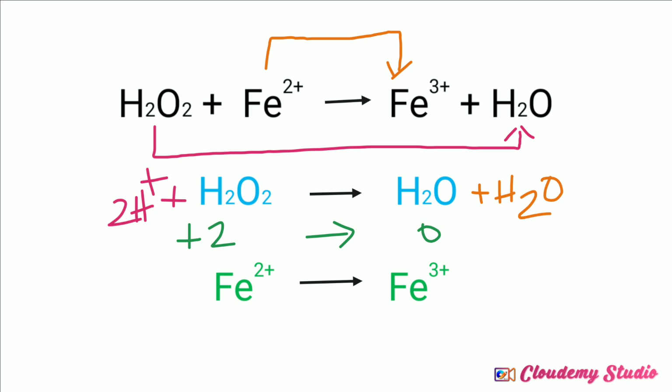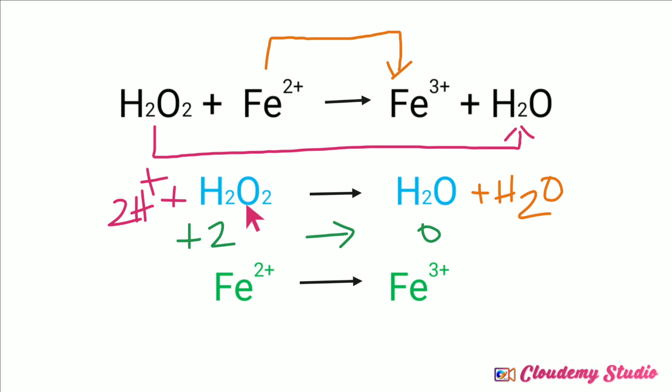And in this reaction, we can notice that hydrogen peroxide becomes water. That is, in hydrogen peroxide 2 oxygen atoms are present, but in water only 1 oxygen atom. Therefore in this change, what takes place? Loss of oxygen takes place.